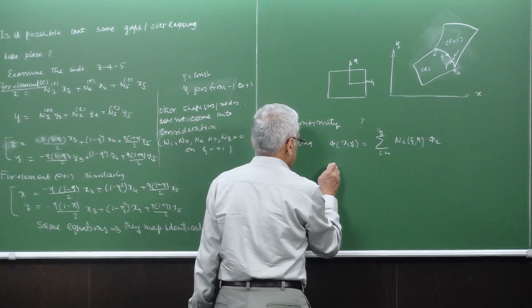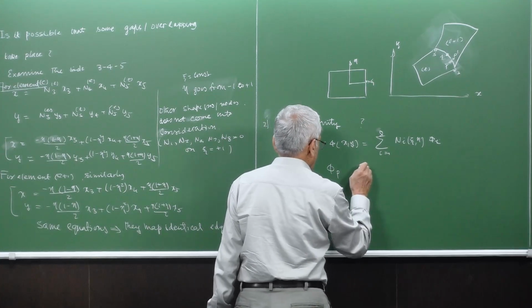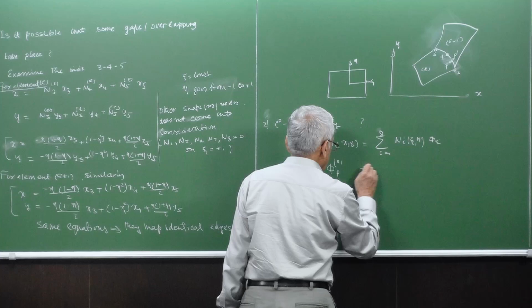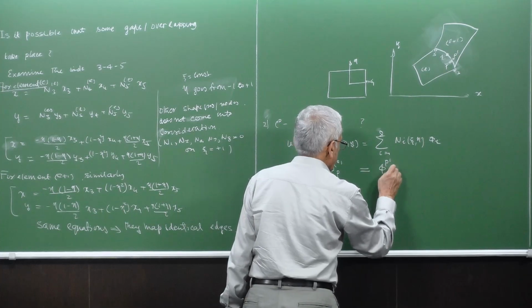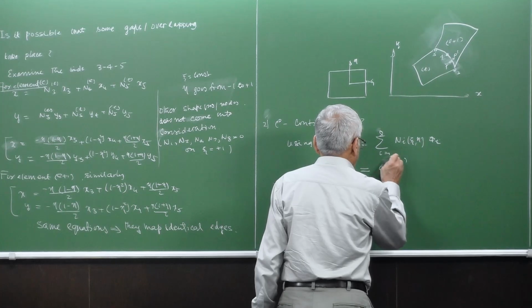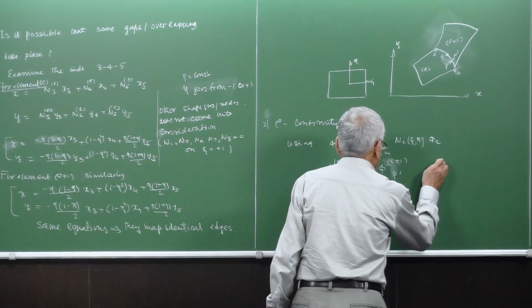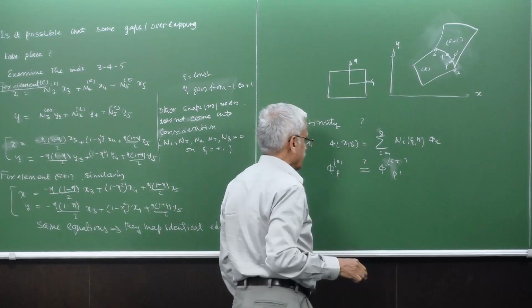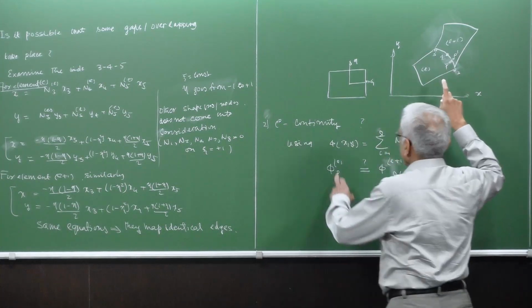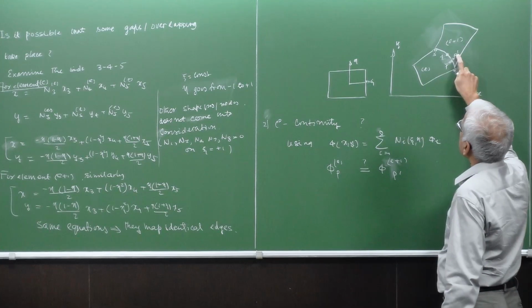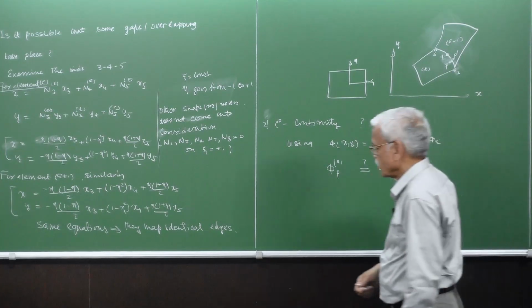So what we are saying is, is phi P in element E the same as phi P prime of element E plus 1? This is important. On P we have calculated from element E, and on P prime we have calculated from E plus 1.